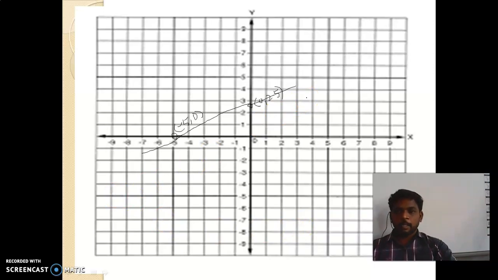So that's it. If you want to draw the graph for any linear equation, it will be in the form of a straight line, not a curve. So after plotting the points, if you connect all the points, it will definitely be a straight line. Otherwise, your solution will be wrong, right? And after drawing the graph, just write the equation on the line here.